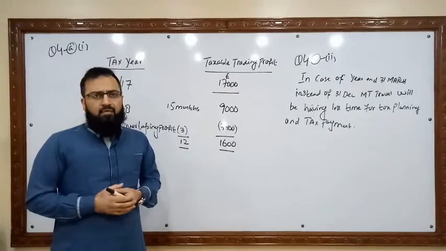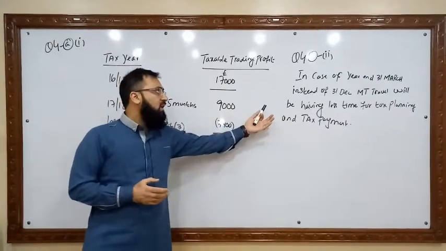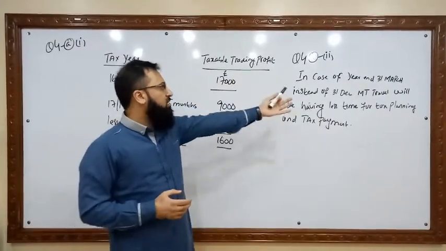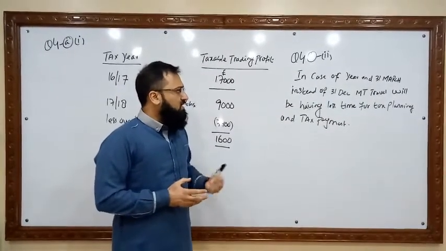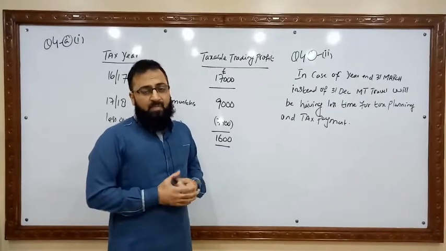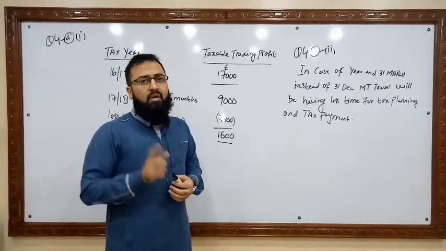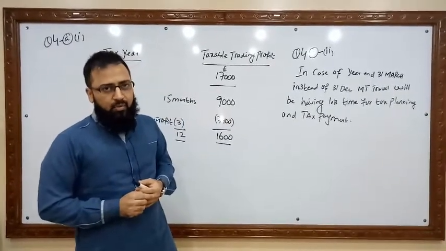I believe that is good enough for 2 marks. Over here I have written my answer: in case of year end 31st March instead of 31st December, Empty Travel will have less time for tax planning and tax payment. This is all about question 4 parts 1 and 2.